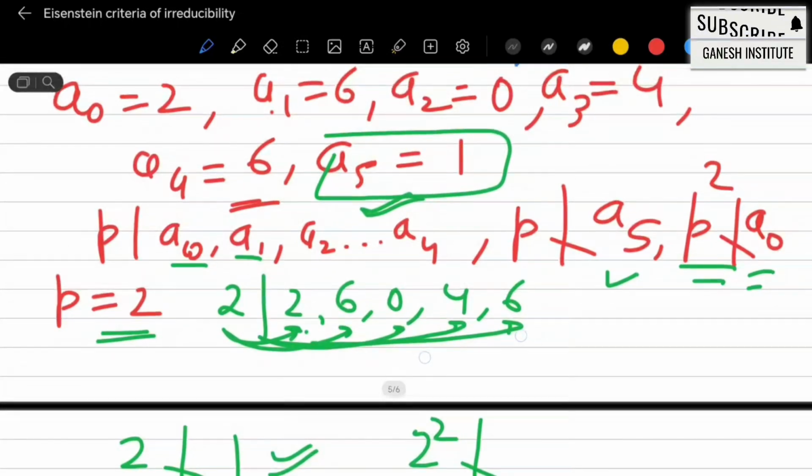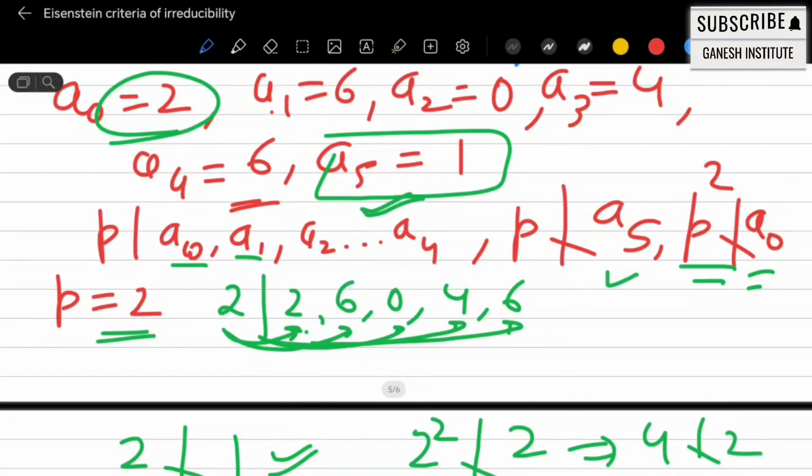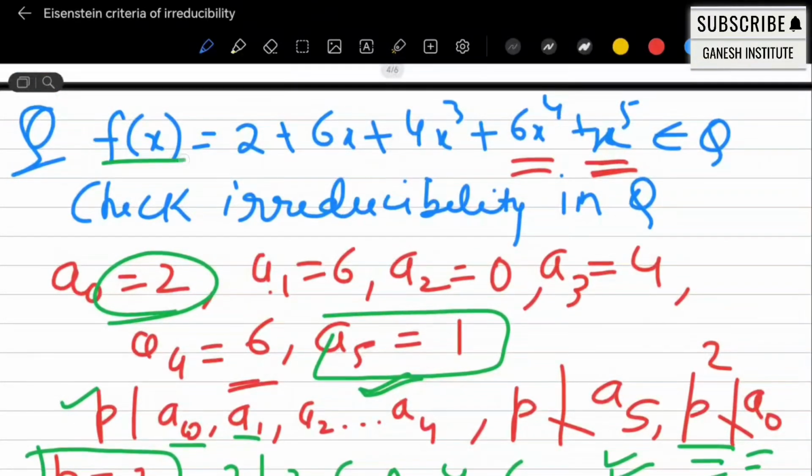What is the constant term here? 2. So yes, 4 does not divide 2. So because we can find one prime number which follows Eisenstein's criteria, that means this polynomial is irreducible in Q. I'm hoping that it is clear.